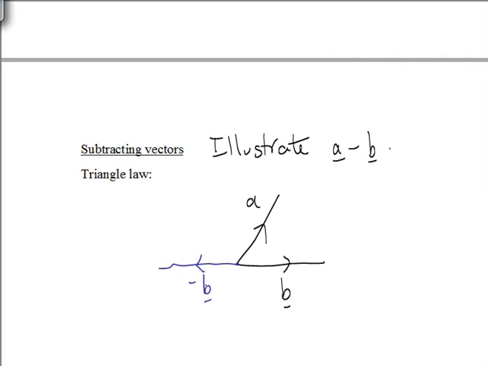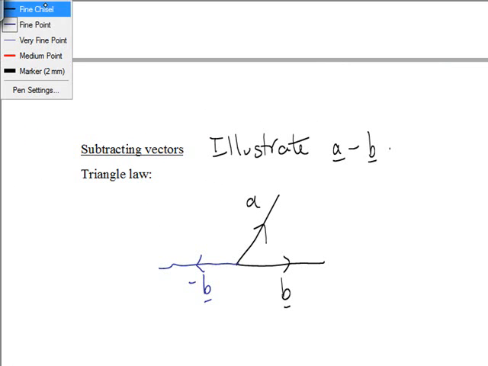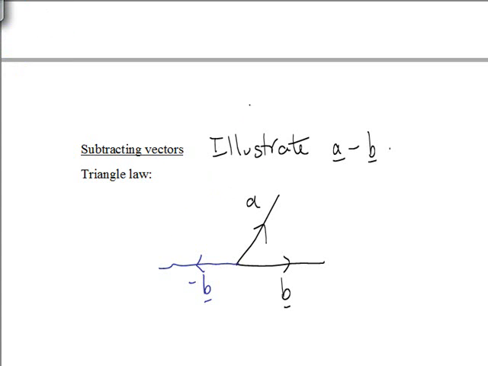So this is your minus B. Now complete the parallelogram, with a straight line as best as you can, not like mine. And now you can use the parallelogram law because the two vectors diverge from the point, so therefore this here is A minus B.